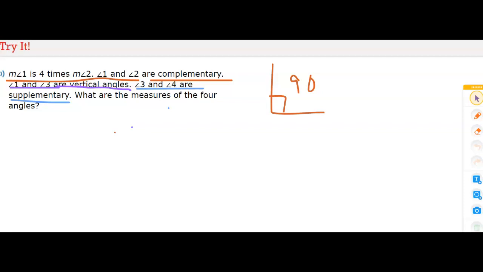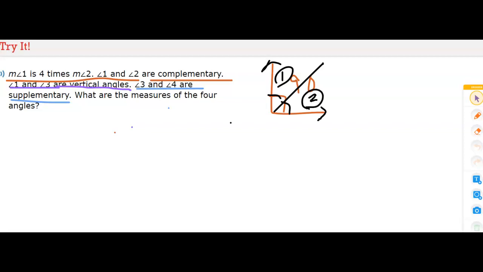If angles 1 and 2 are complementary, that means this will be one angle, that's another angle. Let's name this one angle 1. Angle 1, angle 2.